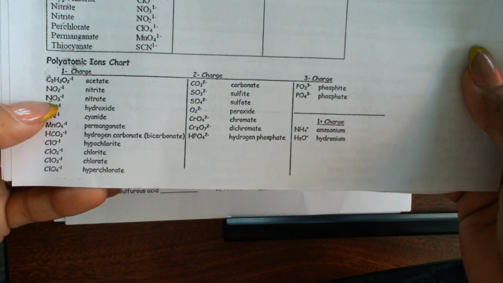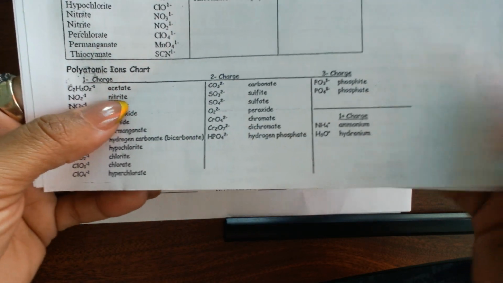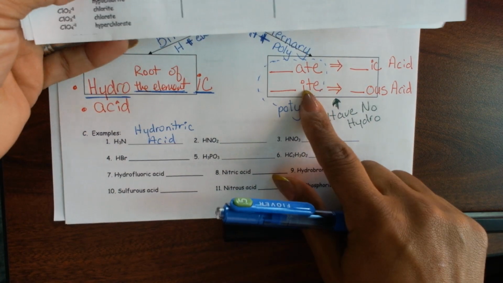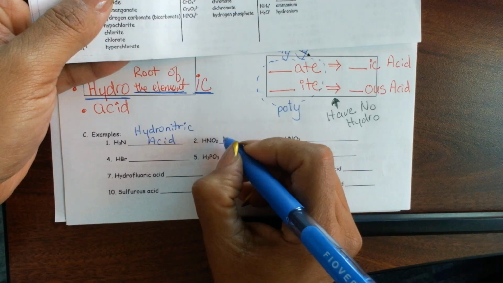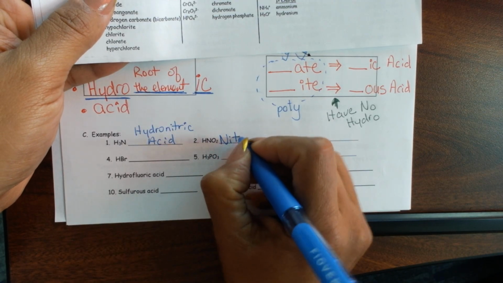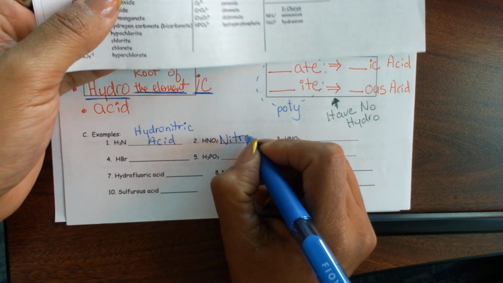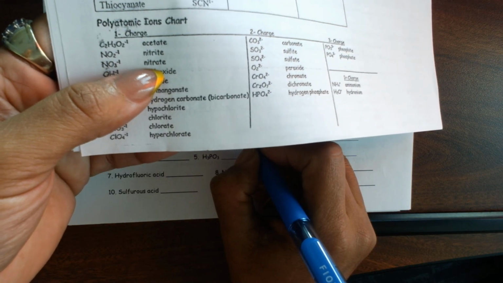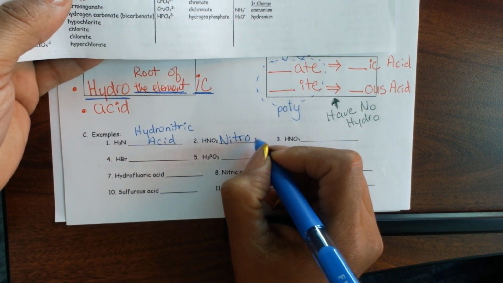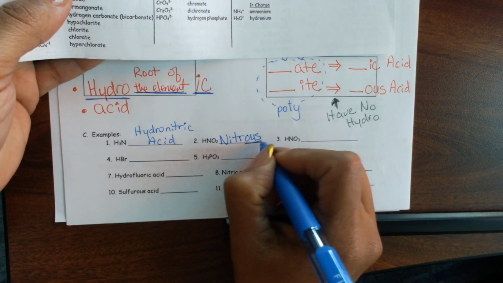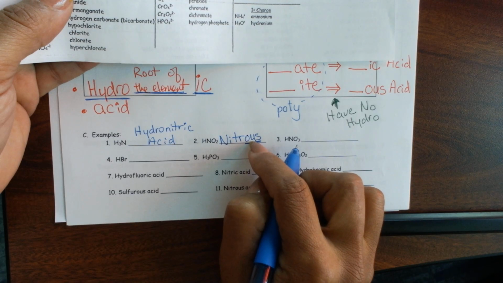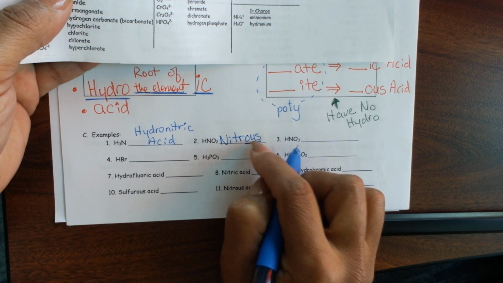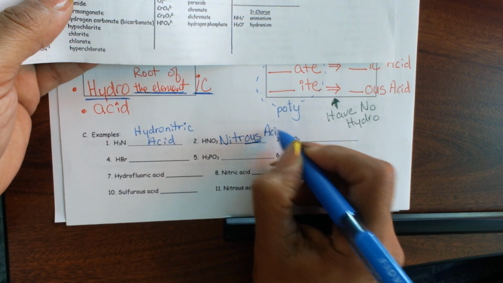I'm going to come over here and find NO2, and it ends in an ite, and I'm going to change the ite to ous. So I'm going to nitr, I'm going to pause, and then I'm going to ous. Here goes the ous.